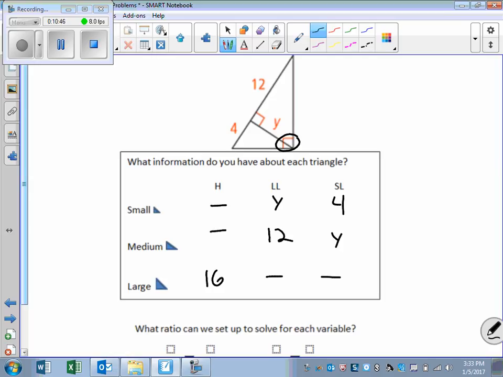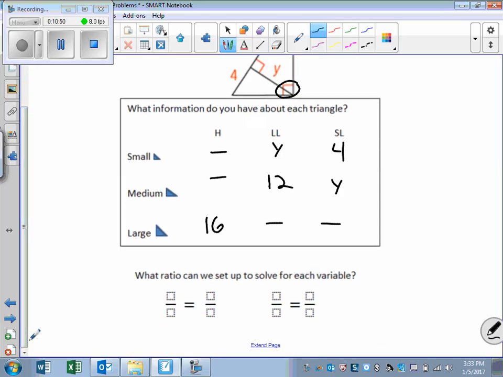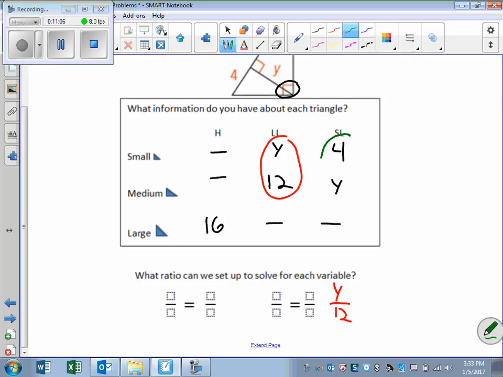So now again, we're solving for y. It gives us our fraction. So why we use this structure? We got y over 12. And then we got 4 over y. Nice and easy.